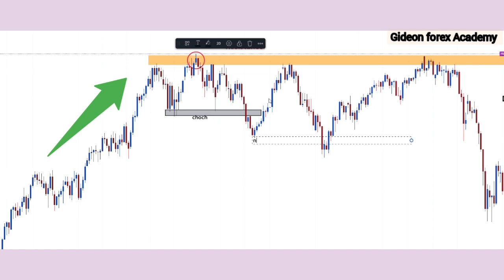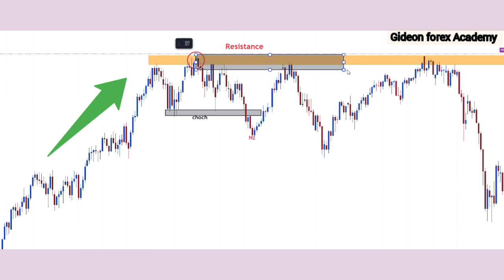A new low has been formed. This is our new low here. Just want to mark that out to be clear. So after the order block has been formed, we're going to mark it out.